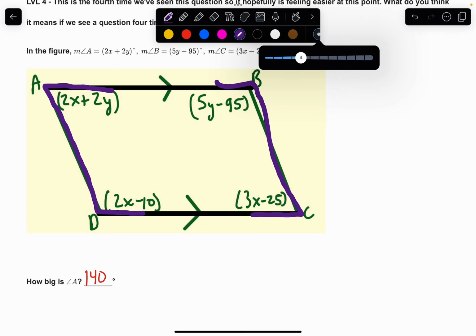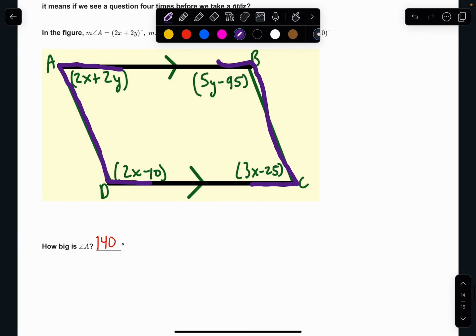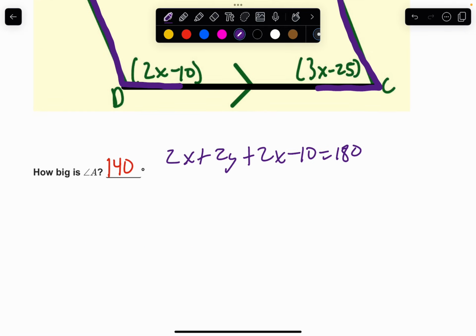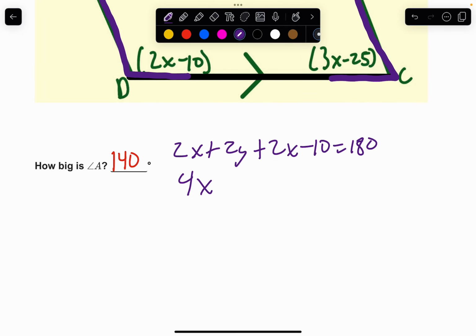So our equations are the left side, 2x plus 2y plus 2x minus 10 has to add up to 180. I'm going to clean that up. That would be 4x plus 2y equals 190.